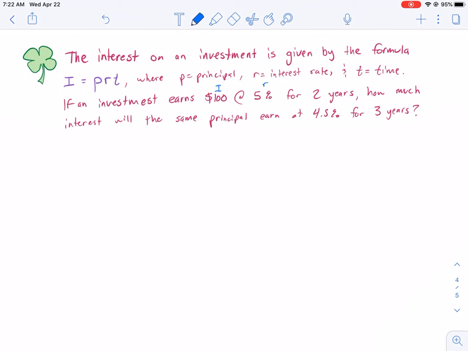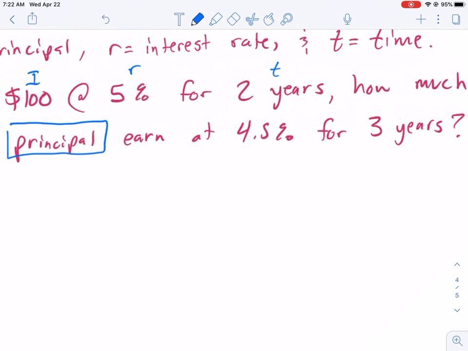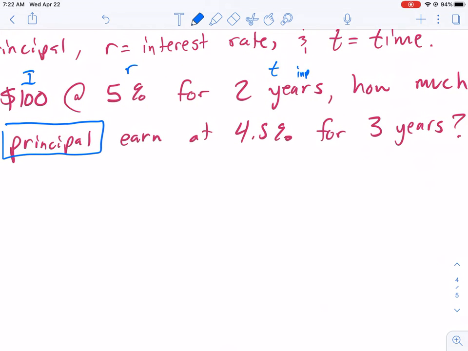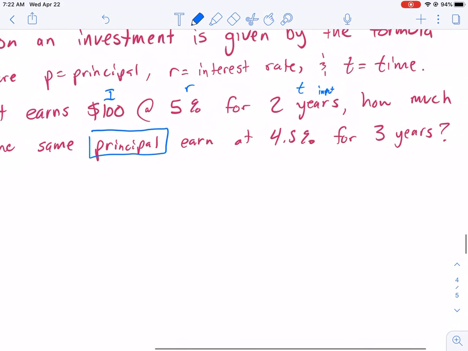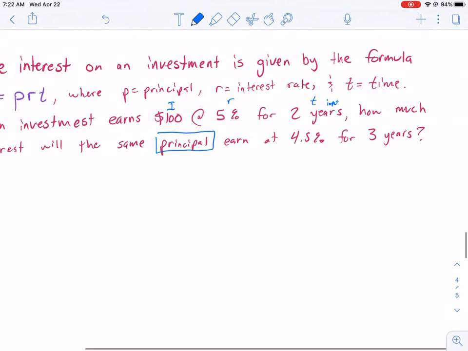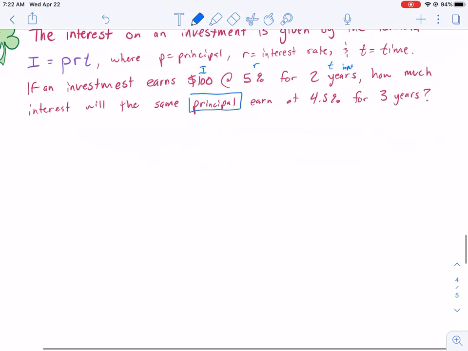Now, the principal is what we're not given. And then the other input we're given is 2 years. This is the thing that can change, so that's technically our input right here. These other ones are constant. That's just something to keep in mind.